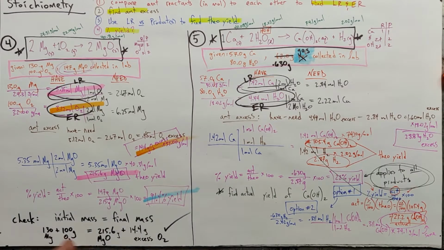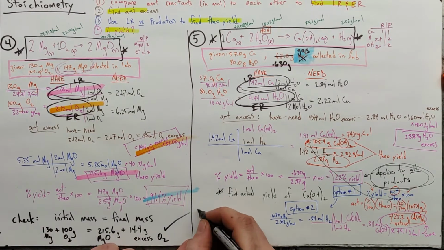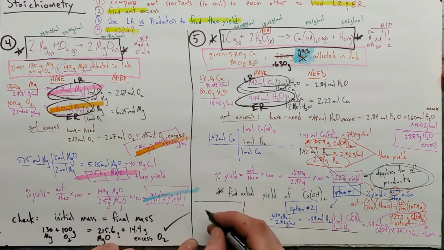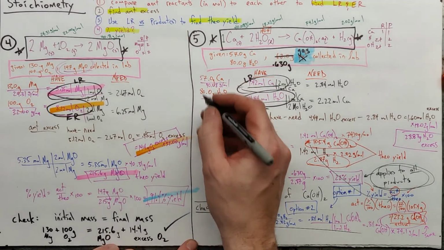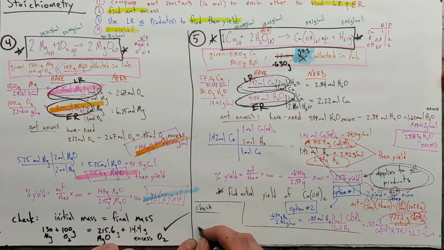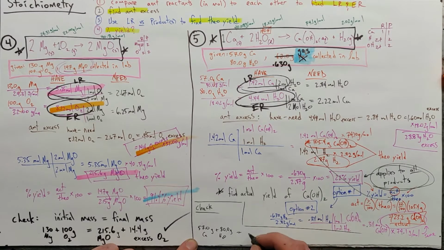I did not leave myself much room to check things, so I'll just try and partition this off. The mass we start with should be equal to the mass we end up with, so 57.0 grams plus 80 grams, and that was our calcium and our water, should be equal to what we made, which is 105.4 grams plus 2.87 grams.